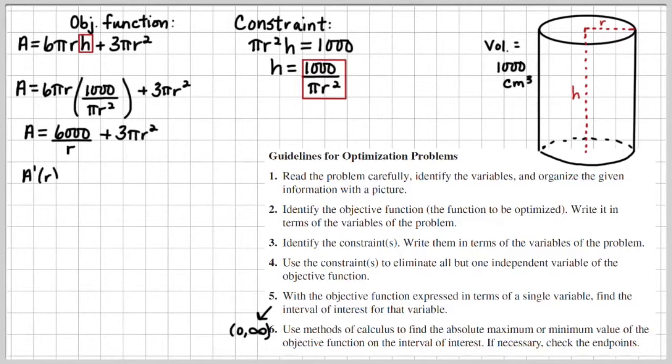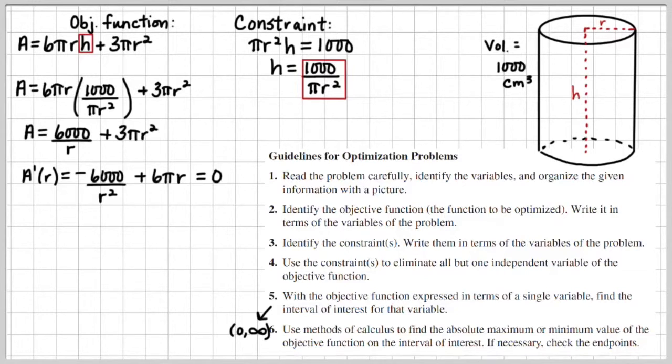So we're going to need A prime of r, and differentiating the A function, the derivative of 6,000 over r becomes negative 6,000 over r squared, and then the derivative of 3 pi r squared will become 6 pi r. To find a critical point, we'll be setting that first derivative function equal to 0, and now we'll solve for r.